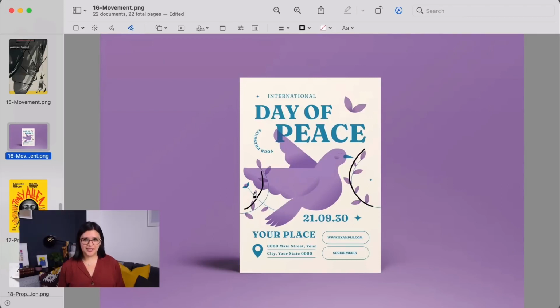Organic shapes tend to add movement, and we can see that very clearly on this example because at the bottom of the poster where the information is, or some of the information, it is contained in a capsule or underlined, and that helps create stability.